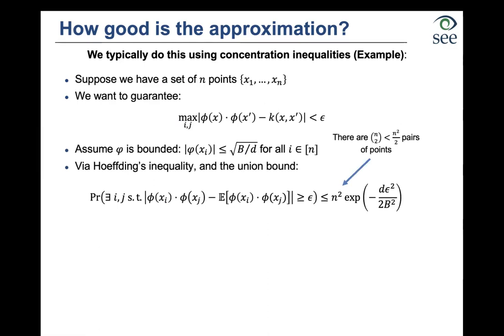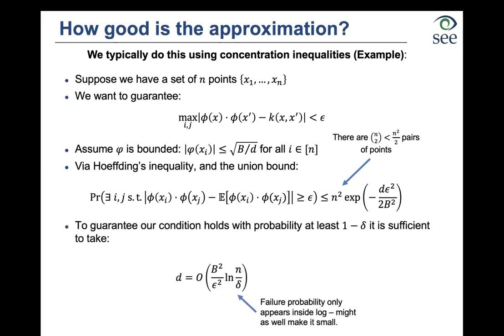So let's suppose that this underlying random function that we're using to generate the encoding is bounded, in the sense that there's some constant such that for every x it's at most that value. And so what we can do is apply a standard concentration inequality called Hoeffding's inequality, which bounds the deviation of a sum of bounded random variables from its mean.